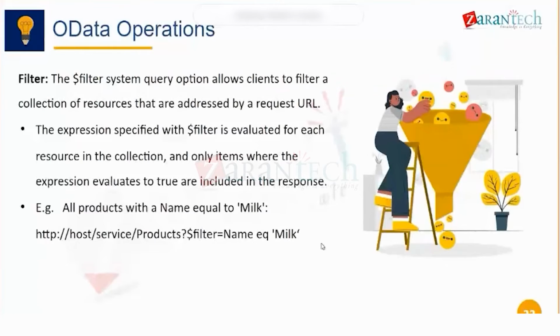And filters, again, OData operations can be used with filters. Why we use filters is that sometimes some of these entity sets return huge data sets. It can have millions of records. For example, a big corporate company has some 1 million employees or 1 lakh employees, which is not easy to parse through, right?